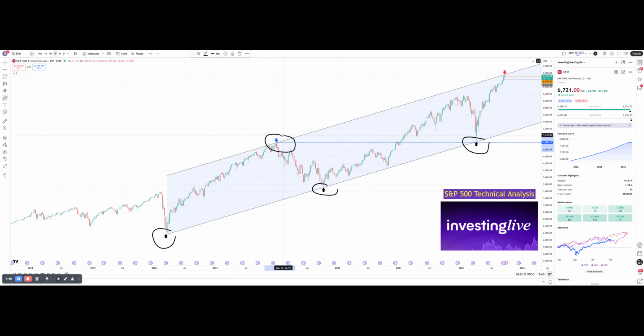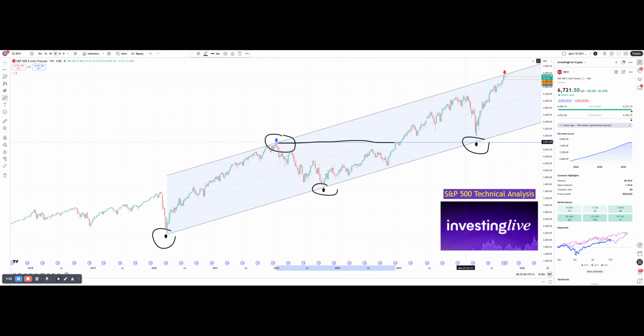Here we also have an important high from January 2022, and one of the reasons it's important is that it held for a long time, okay, until it was tested again on December 23.